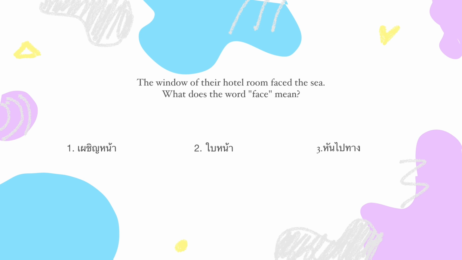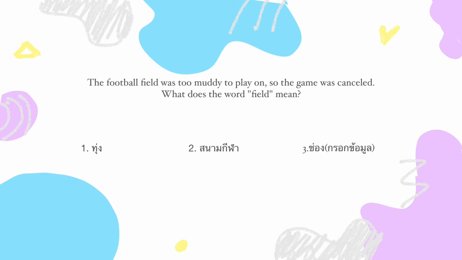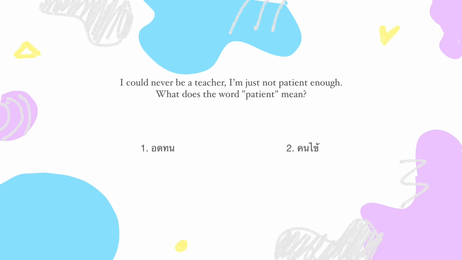What does the word face mean? The football field was too muddy to play on, so the game was cancelled. What does the word field mean? I could never be a teacher. I'm just not patient enough. What does the word patient mean?